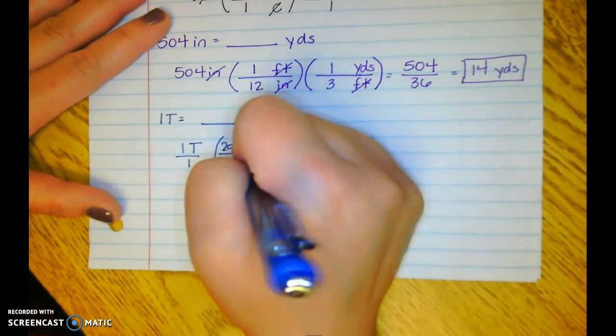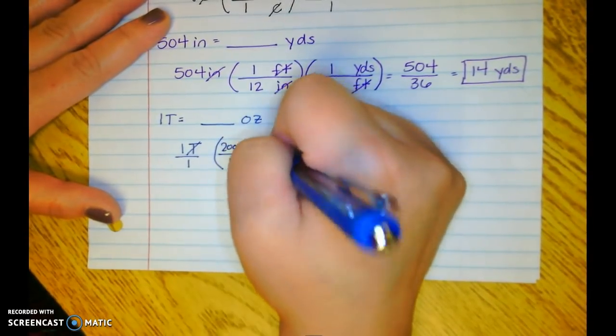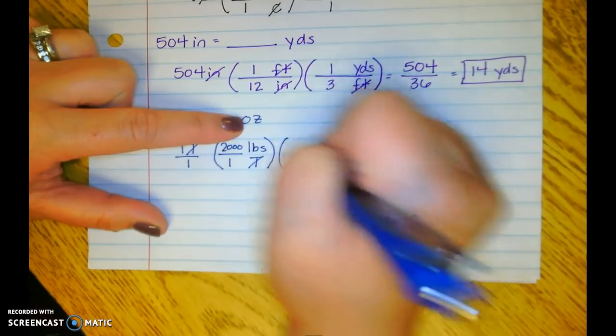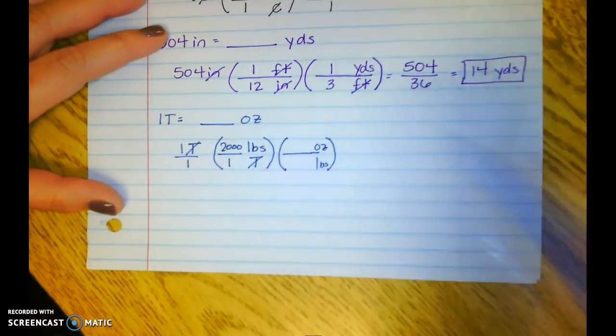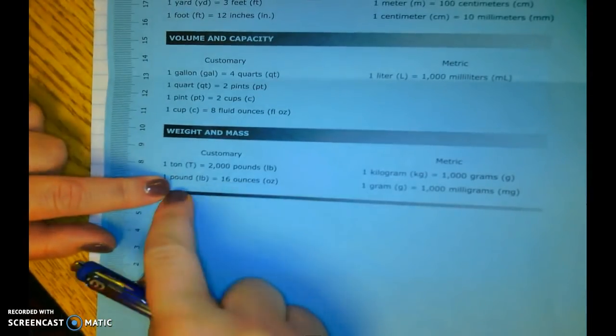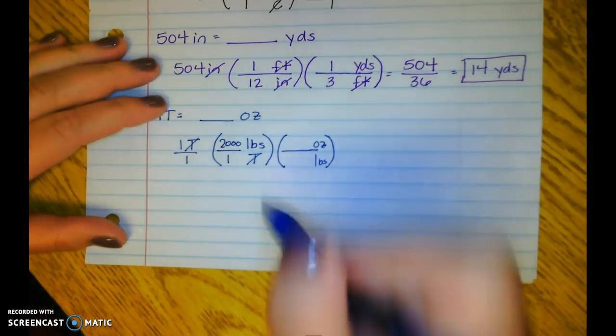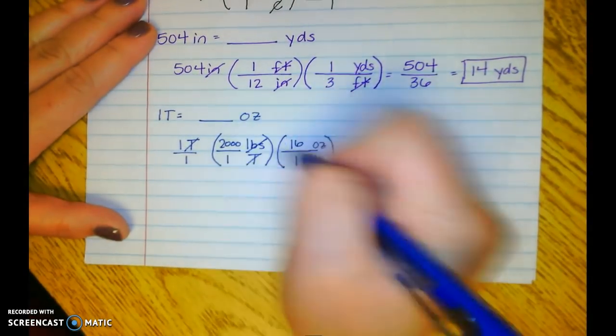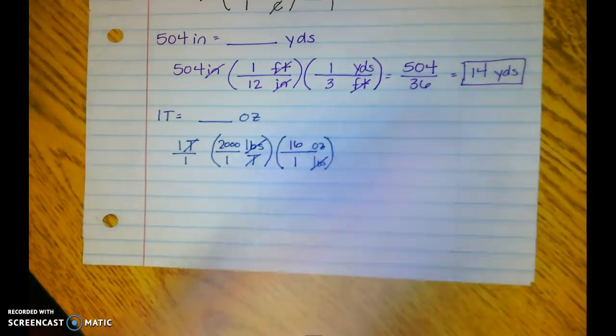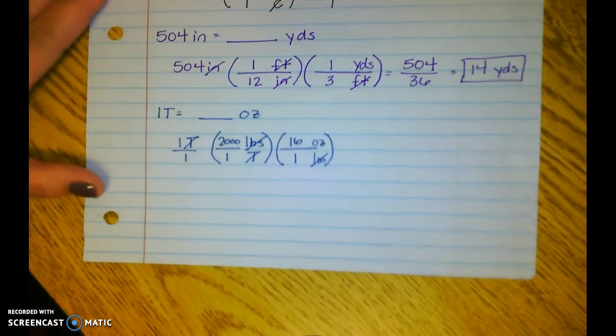And then my ton will cancel, and I'm left with pounds, but I don't want to be left with pounds. I want to be left with ounces. So now I'm going to have to go from pounds to ounces. Going back to my formula chart, there are 16 ounces in a pound. So 16 ounces in 1 pound. Okay, my pounds would cancel, and I'm left with ounces, so I'm ready to go ahead and solve my problem.